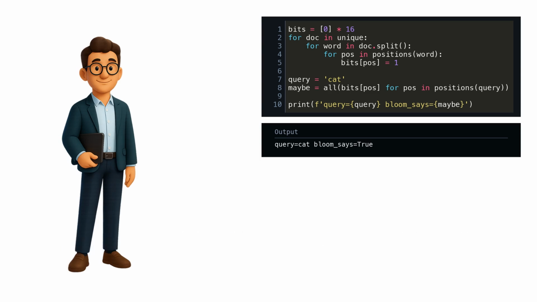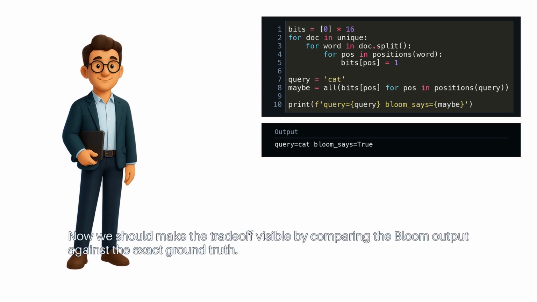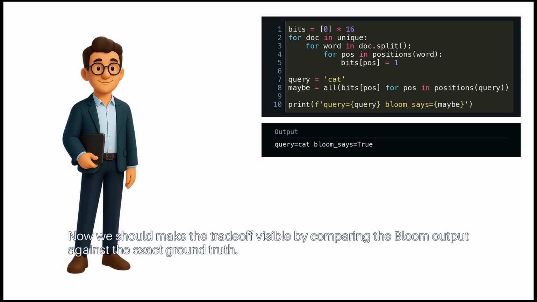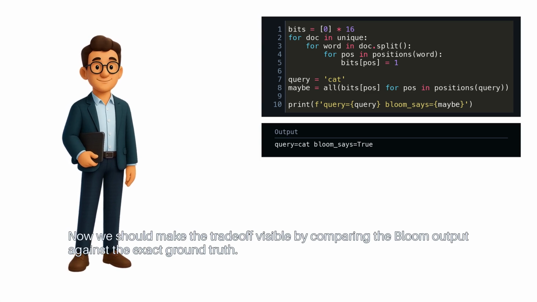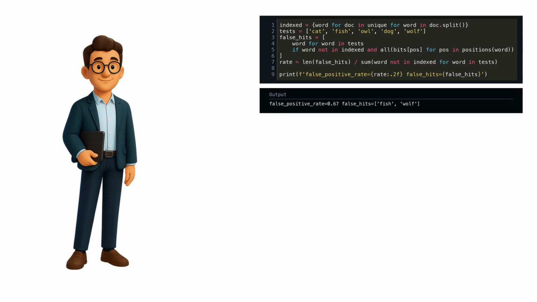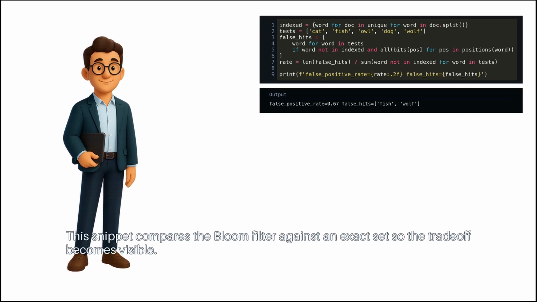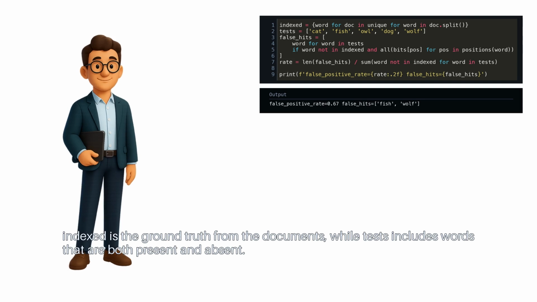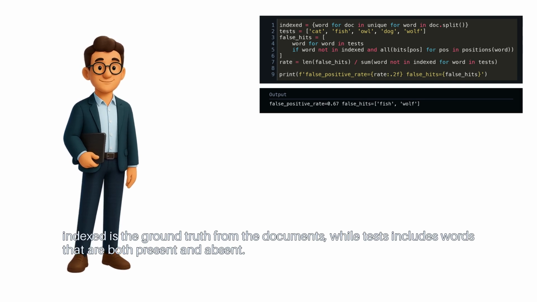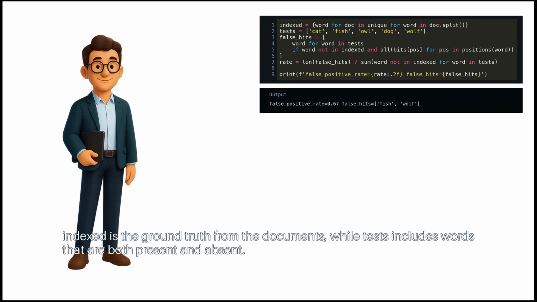Now we should make the trade-off visible by comparing the Bloom output against the exact ground truth. This snippet compares the Bloom filter against an exact set. Indexed is the ground truth from the documents, while tests includes words that are both present and absent.